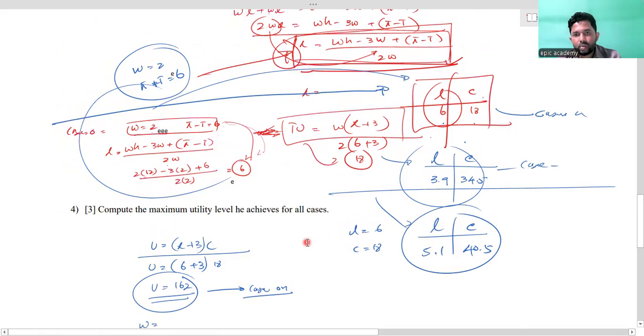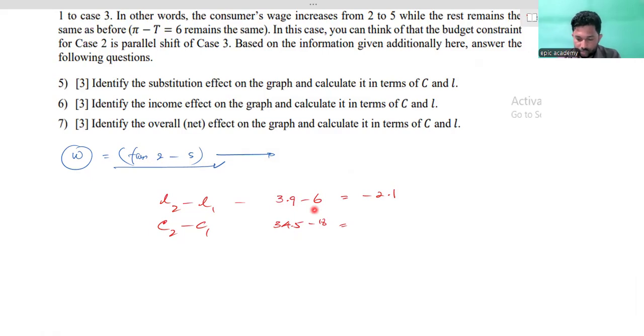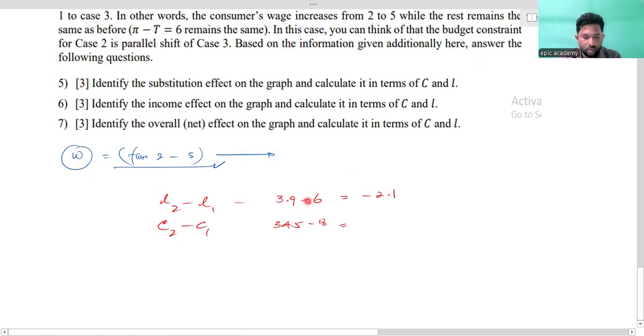In C2 value, it is 80. Right. In here, you can calculate the 3.2. Yeah, minus 2.1 in here. Yeah, plus 16.5. Right. That means two positions are there.